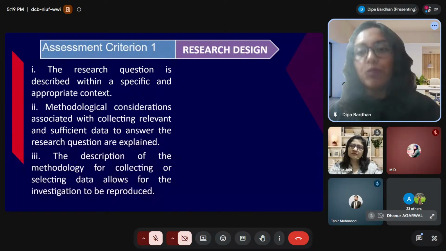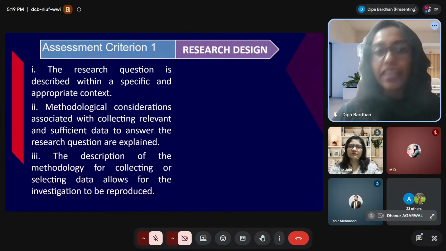They all have been given equal weightage, each weighing 6 marks, totaling 24 for the whole IA. So I'm not going through the assessment rubric or the criteria. If there are any questions, I will cater to them at the end.